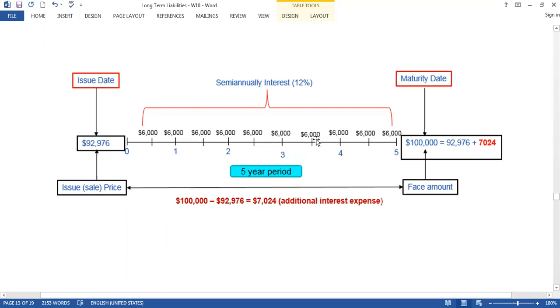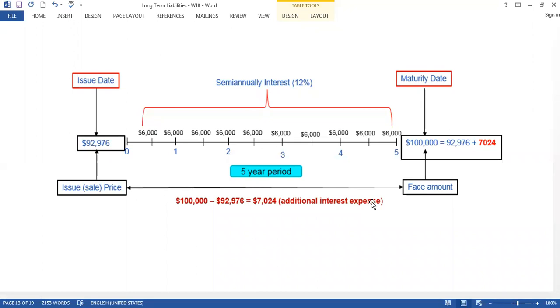But finally, you find that in addition, you are going to pay more money actually, right? In addition, you are going to pay $7,024 more. And this $7,024 more is the bad news because it is the plus sign. Plus sign means we have to pay more money, and this more money is called additional interest expense. So additional interest expense sometimes plus sign, sometimes minus sign.